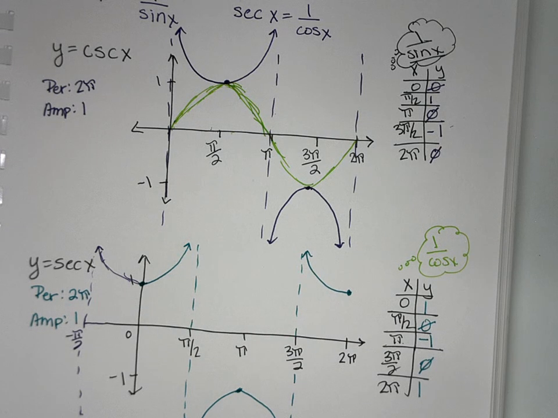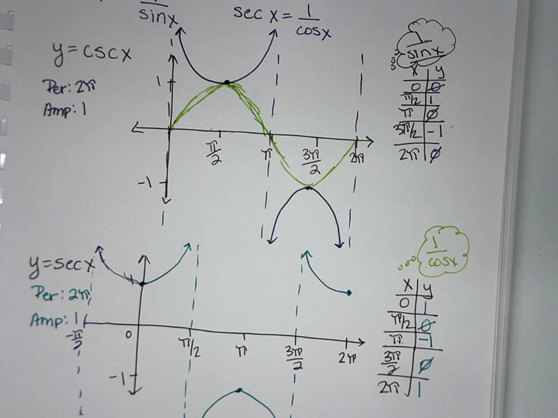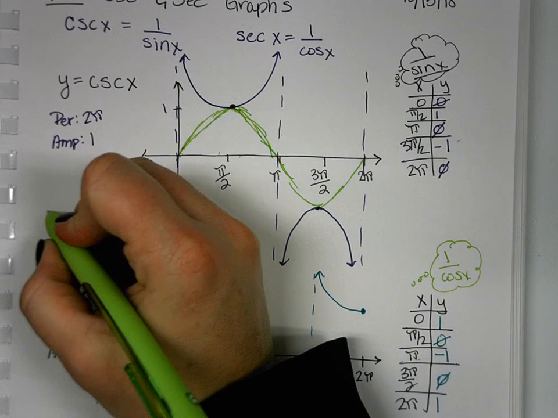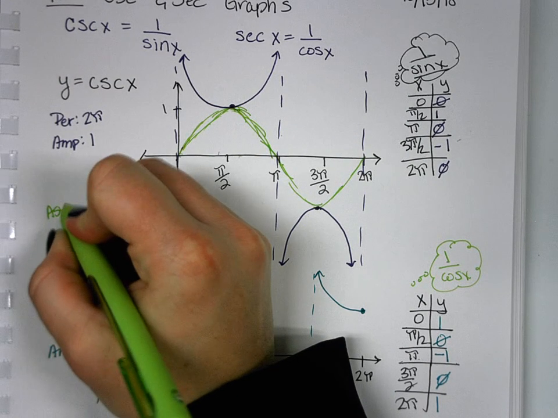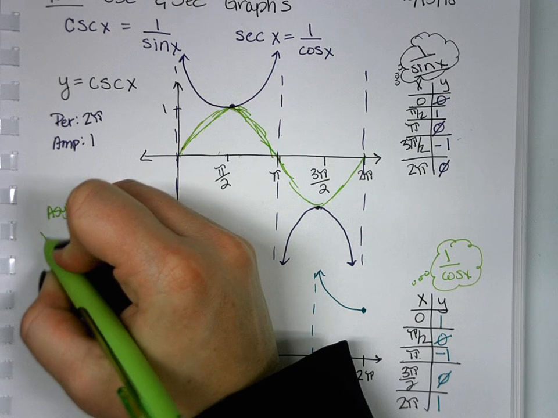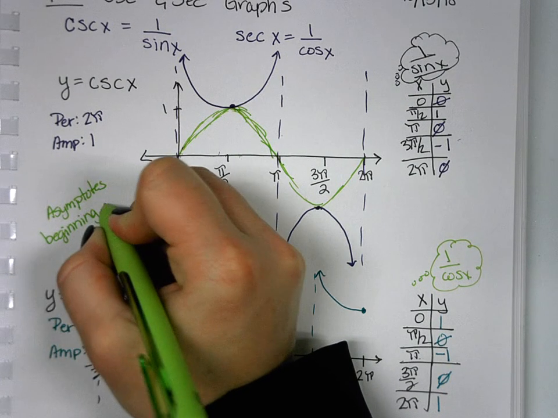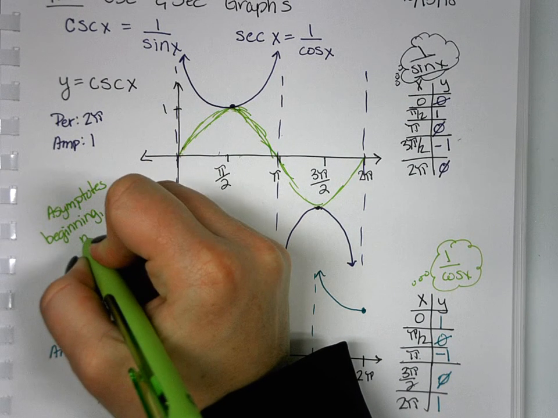So when we take this same idea of how we get the asymptotes, what I want you to notice is where the asymptotes fall. So here our asymptotes are at the beginning, end, and middle.